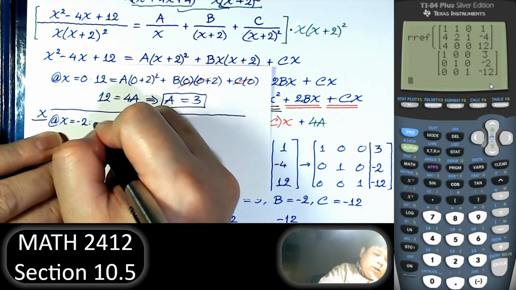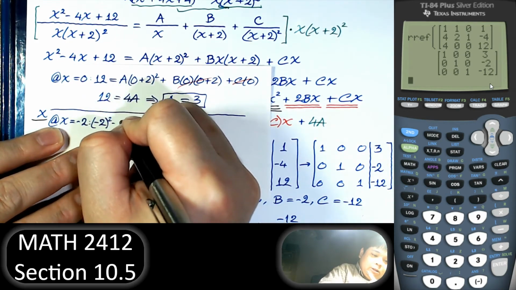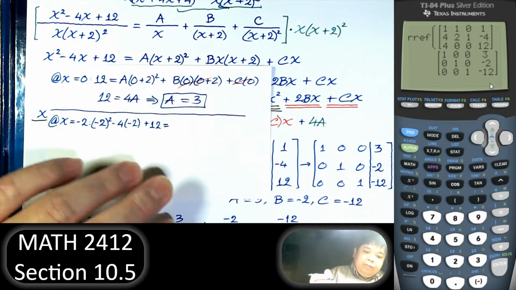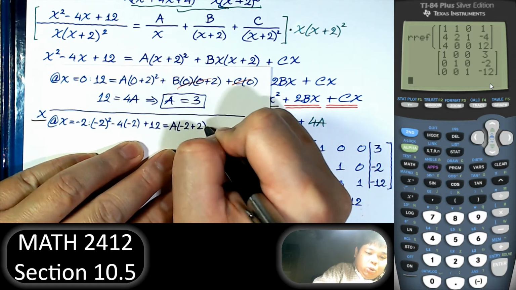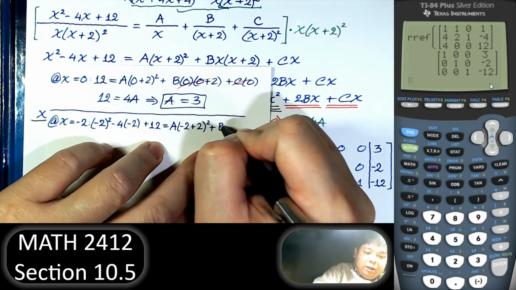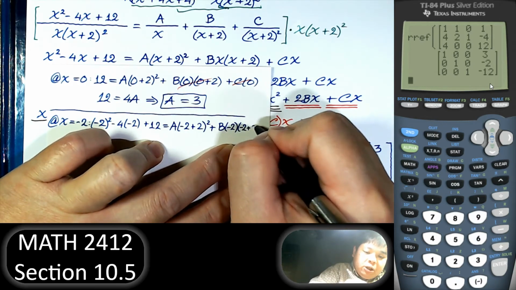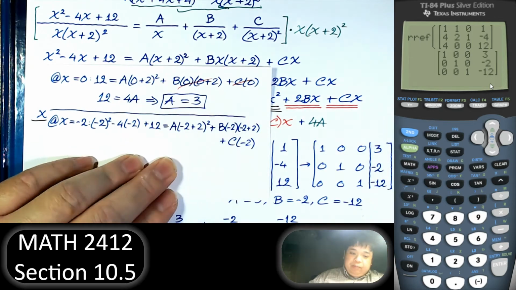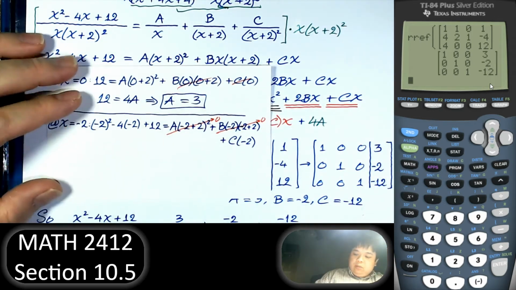So put -2 on the left hand side. Right, A times -2 plus 2 squared, B times -2 plus 2, and then C is times -2. Right. Once again, this goes to 0, this goes to 0.